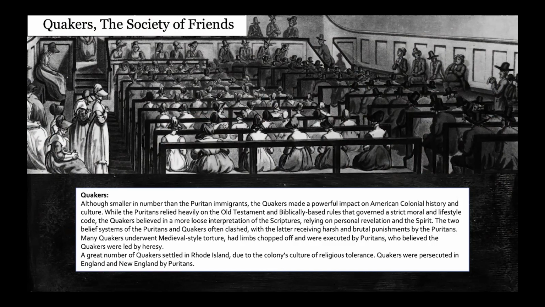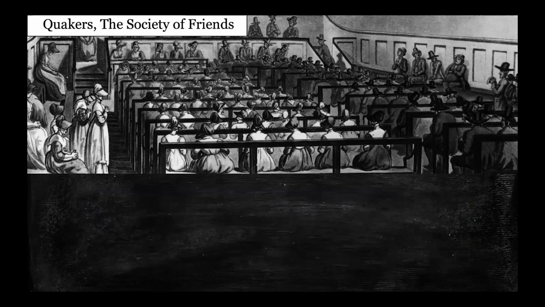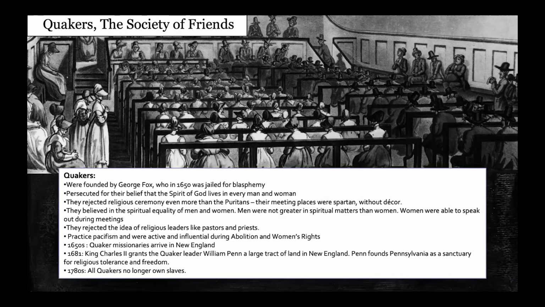A great number of Quakers settled in Rhode Island due to the colony's culture of religious toleration. Quakers were persecuted in England and New England by Puritans. And here are some points about the Quakers I'll let you read on your own.